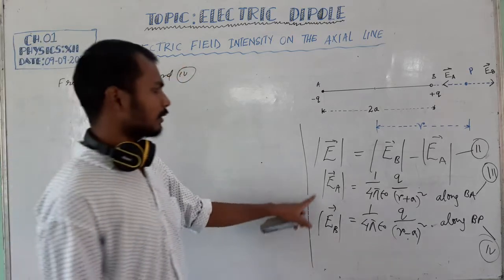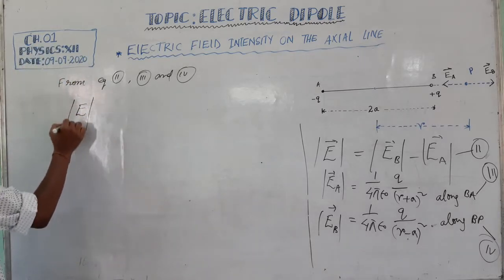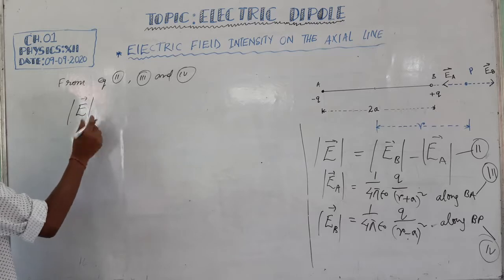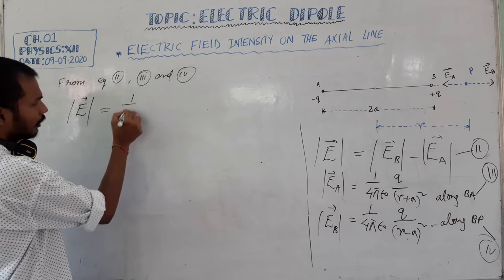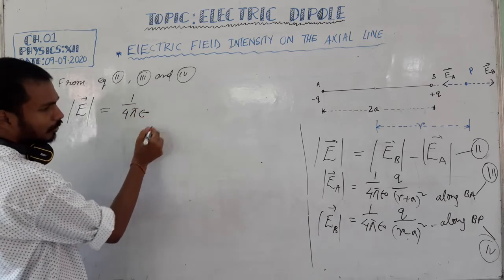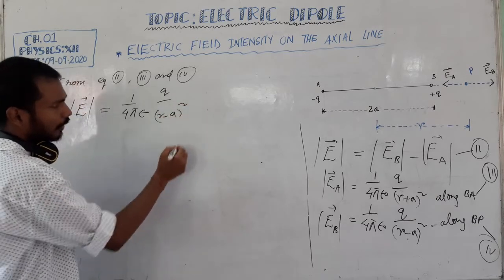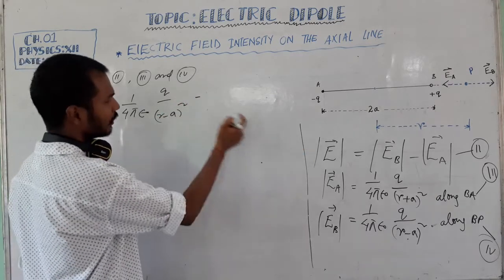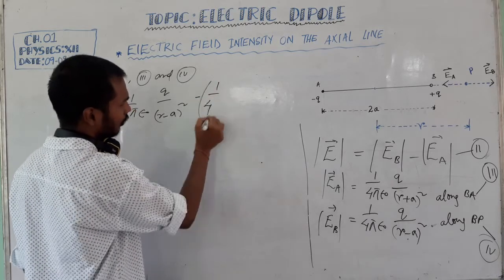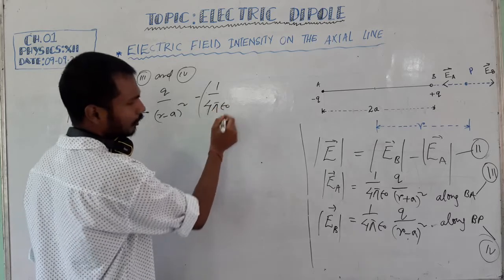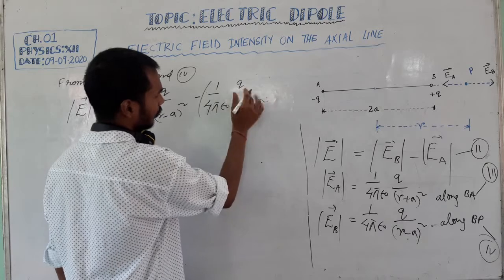So the magnitude of E is equal to EB minus EA. What is the value of EB? 1 by 4 pi epsilon naught, q by r minus a whole square, minus, there is a minus sign. Now what is the value of EA? The magnitude of EA is 1 by 4 pi epsilon naught, q by r plus a whole square.